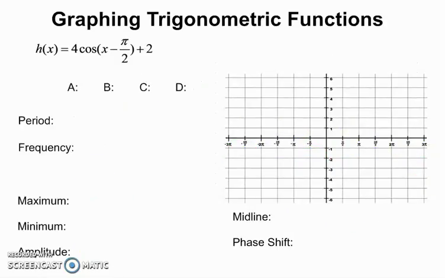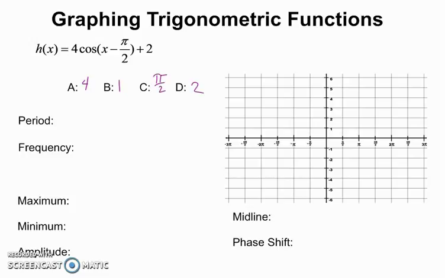Moving to graph number 2. H of x equals cosine of x minus pi over 2 plus 2. So again, I'm going to go in and fill my ABCs. So A is 4, B in front of x is there's nothing, so it's a 1. C is the opposite, so it's just pi over 2.